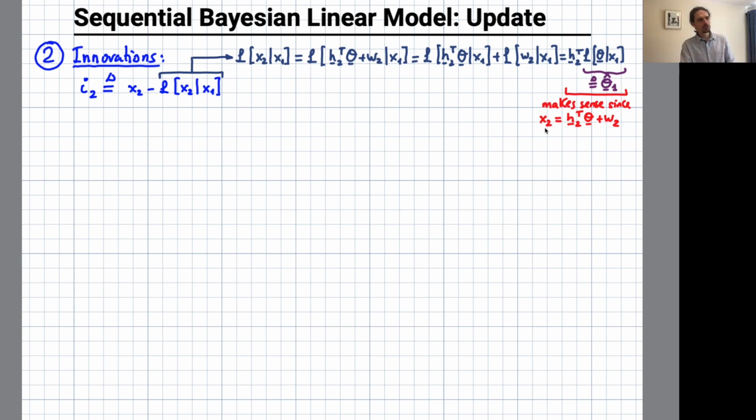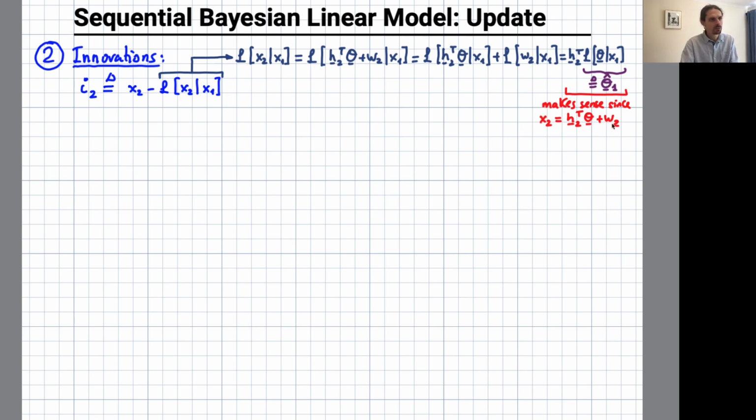To see that, imagine for a moment that we were requested to provide our best guess of X2, but we don't know theta and W2, okay? In that case, the most natural guess is to replace each of these with their means.